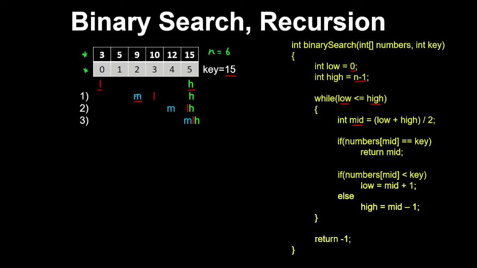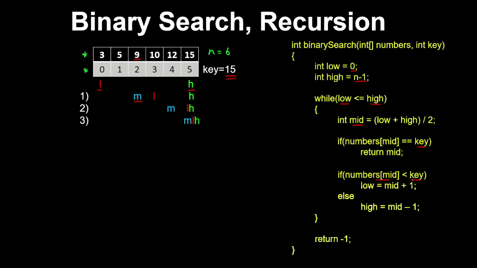And then we check if this number at the middle index, which is 9, is equal to the key, being 15, and that's not true. So we go on to check if the number 9 is less than the key.